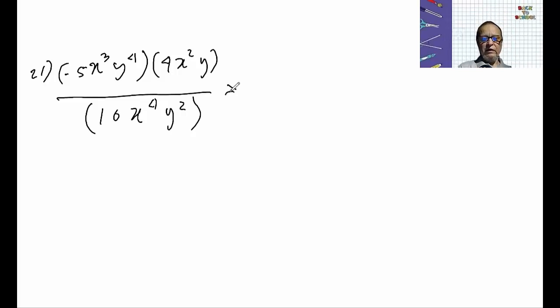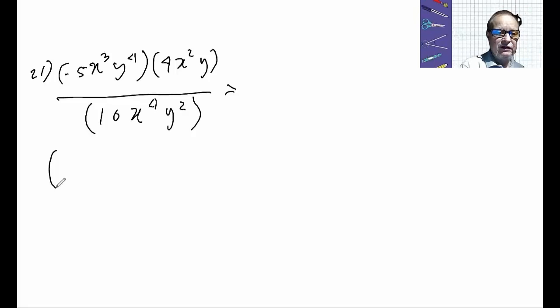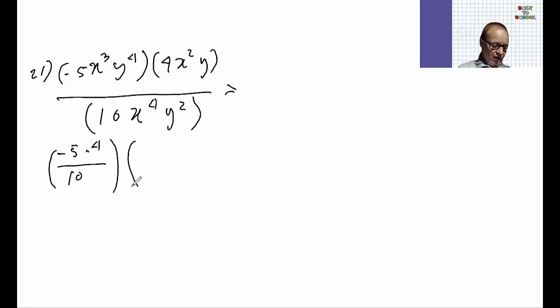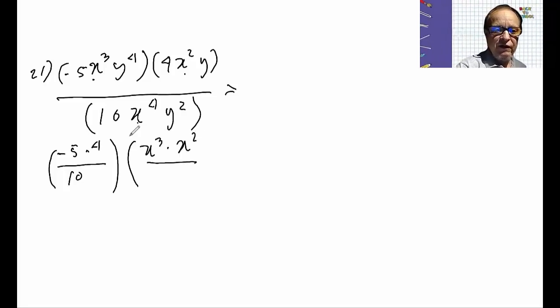So again, I'll put together a bracket with all my numbers in it. So I have negative 5 times 4 divided by 10. And then I'll take all my x's. I have an x here, I have an x here, and one on the bottom there. So an x cubed times x squared, and then it's divided by x to the 4th.